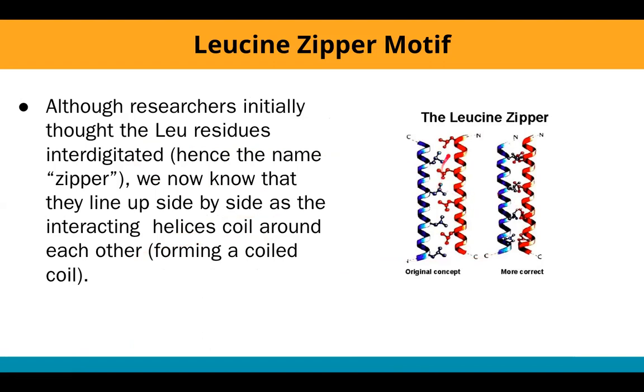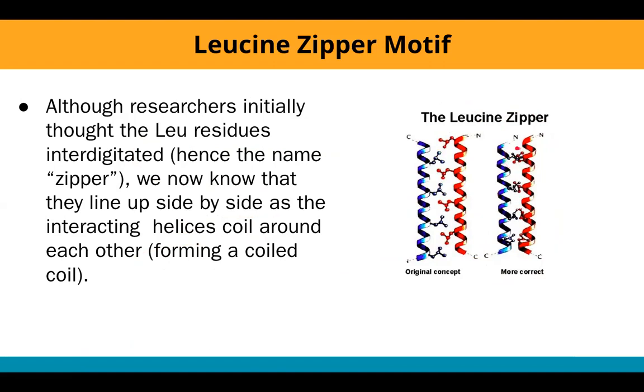The original concept of the leucine zipper is that the leucines are interdigitated towards each other, meaning they are windowing. That's the original concept. But now, the current model for the leucine zipper is that they are lined up side to side.